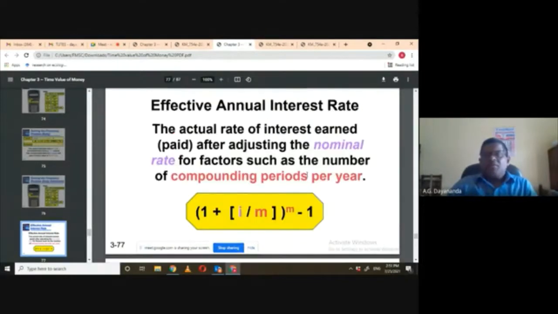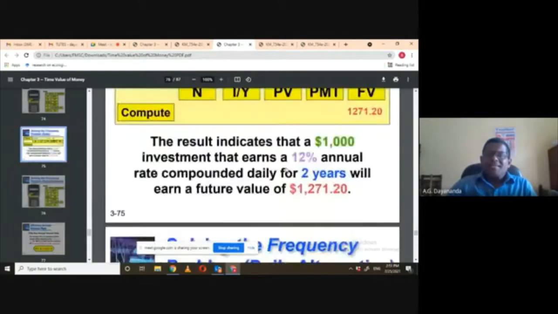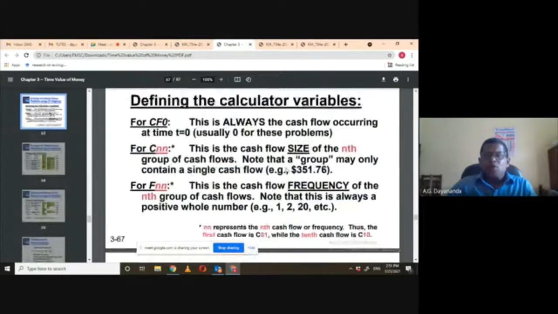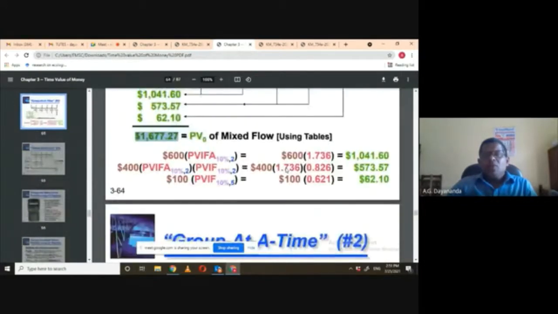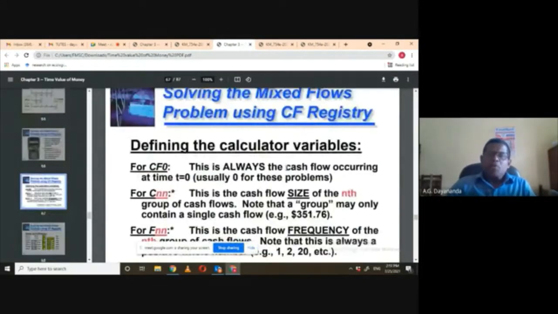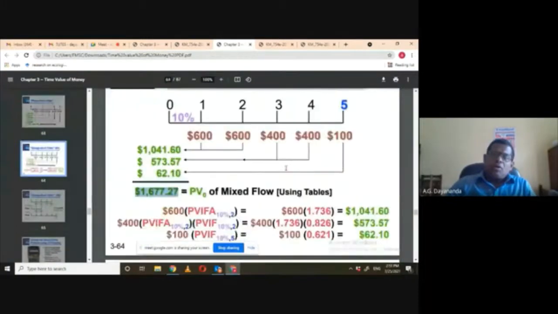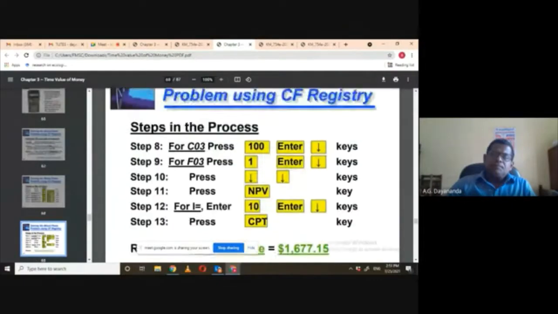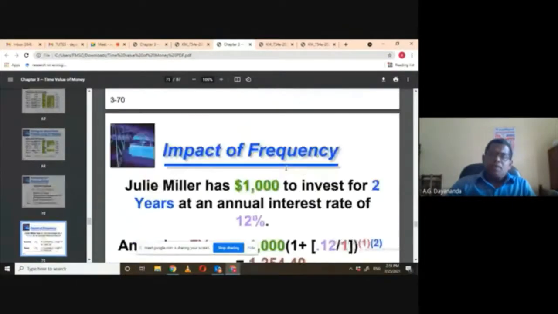But before coming to these slides, I just want to tackle this issue with you. Just think about frequency of cash flow under this example. For example, impact of frequency: Miller has 1,000 rupees to invest for 2 years at an annual interest rate of 12%.